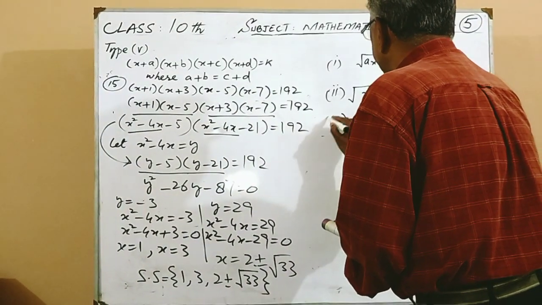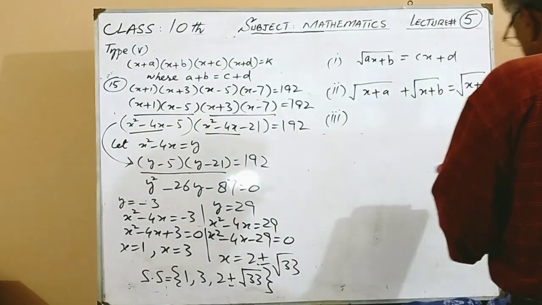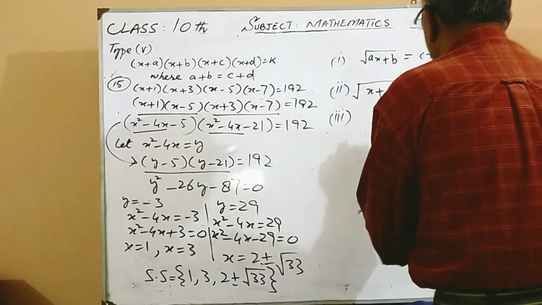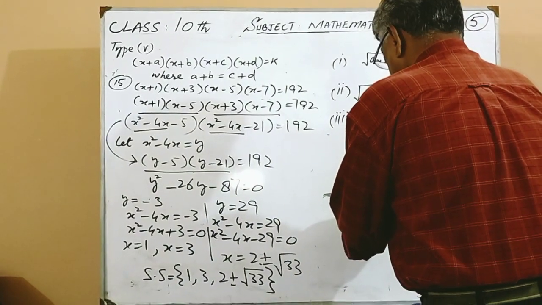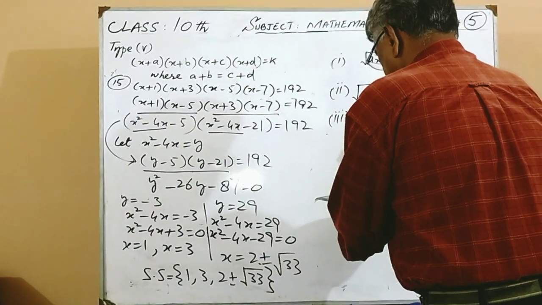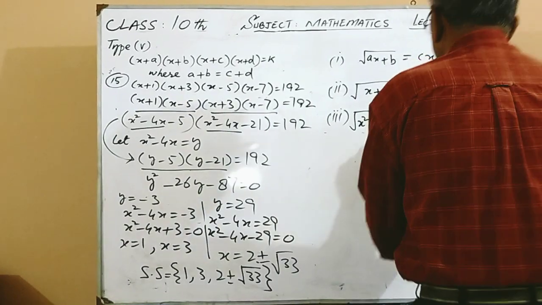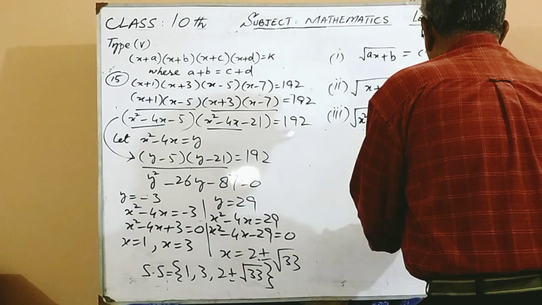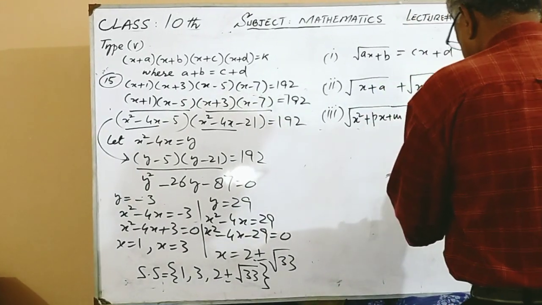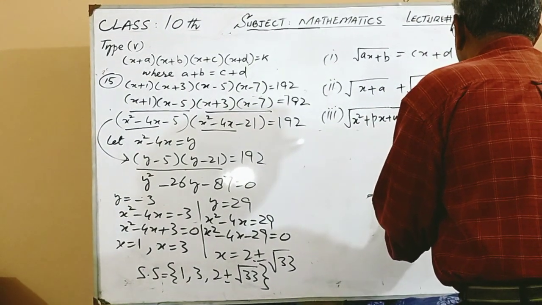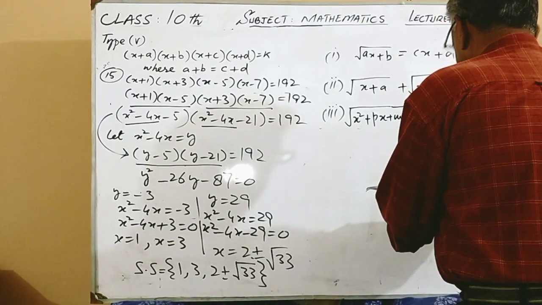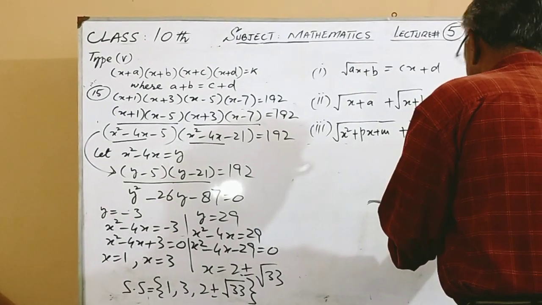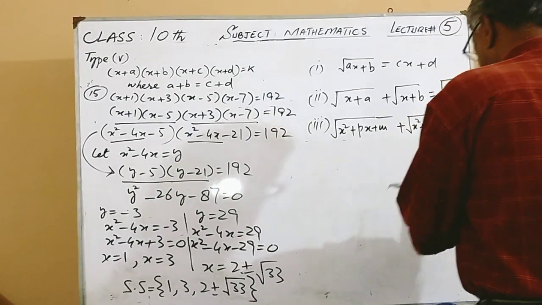And in the third type you will see that there is a square root sign. For example, this is square root of x square plus px plus m, then plus square root of x square plus px plus n, and that's equal to q.